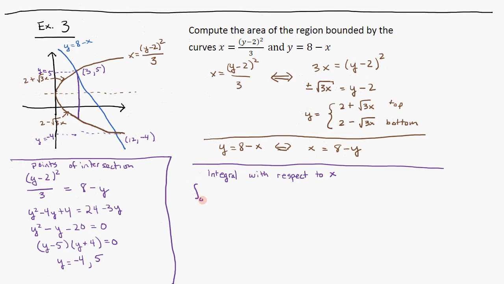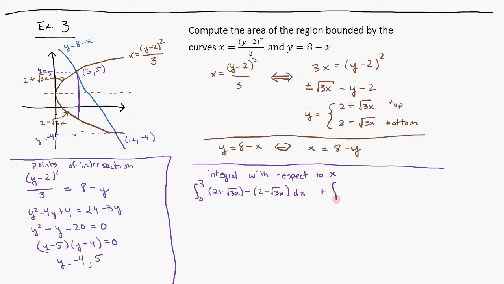So we integrate from 0 to 3. The top curve is given by 2 plus square root of 3x, and the bottom curve is given by 2 minus square root of 3x. So that's the region to the left.